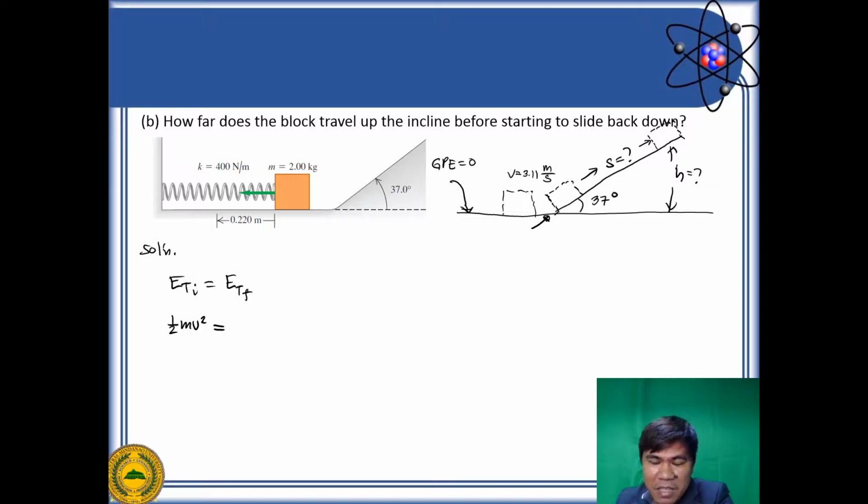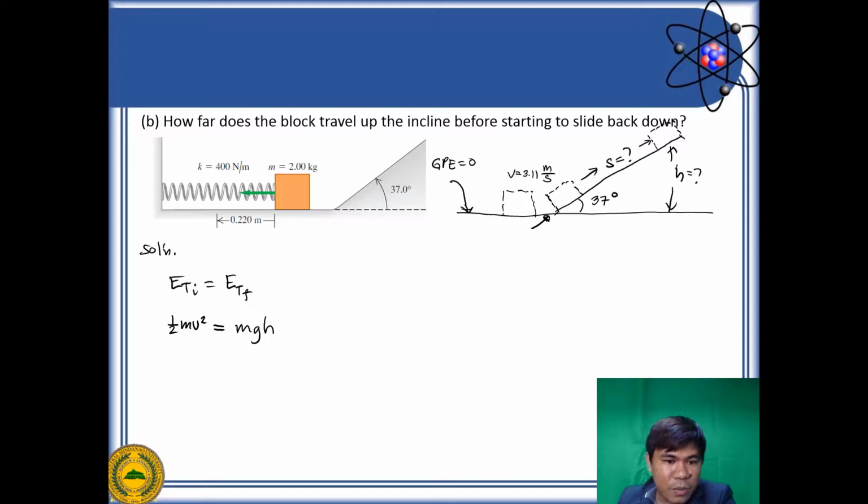In this case, the box is located at a certain height, so therefore the box acquires some potential energy. Now we can actually solve for h here, and this h will lead us to solving for s via a trigonometric function. So let's solve for h first.